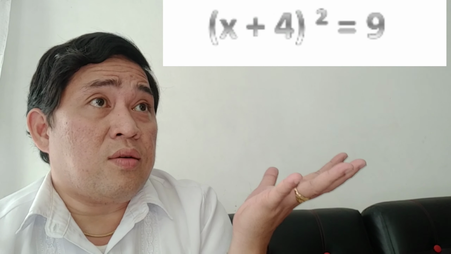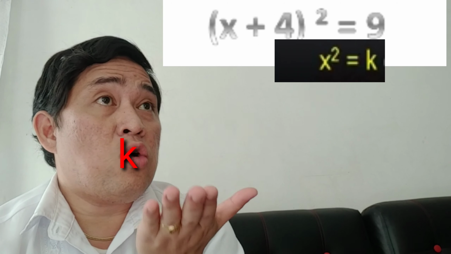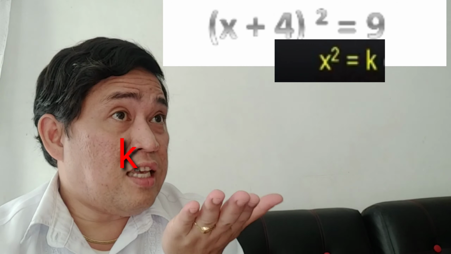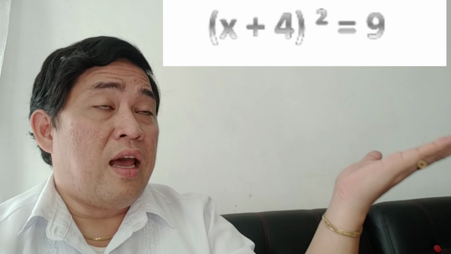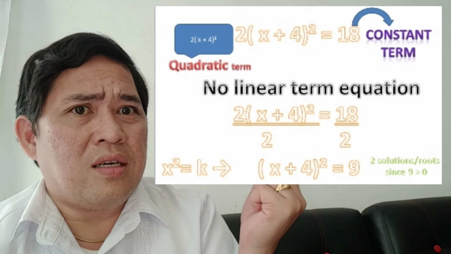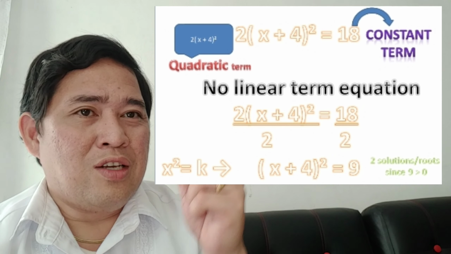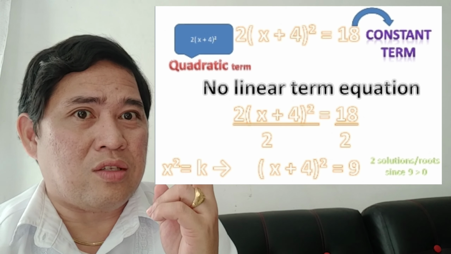This form is already equivalent to x to the power of 2 equals c, and c is equivalent to 9, and 9 is more than 0. So how many solutions? Very good, there are 2 solutions. We are not yet at the final answers, but we know already that there are 2 solutions.